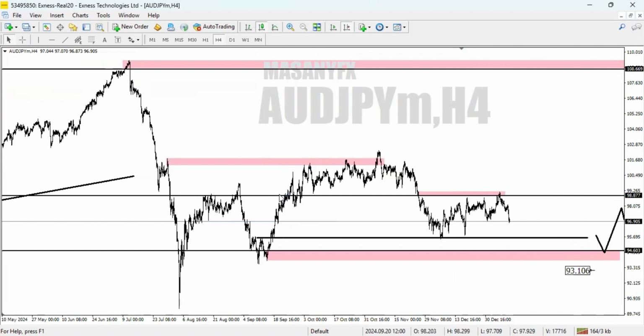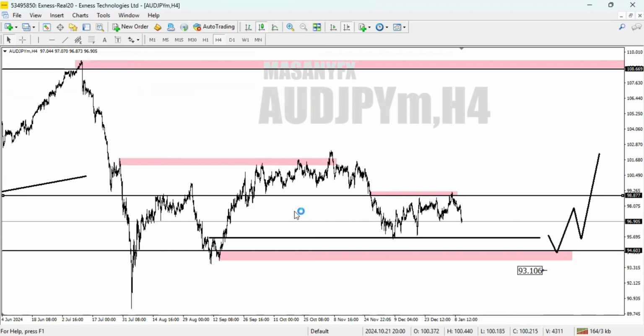And this line must be a significant support resistance line. As you can see, it was a resistance, no support. No support, no support.